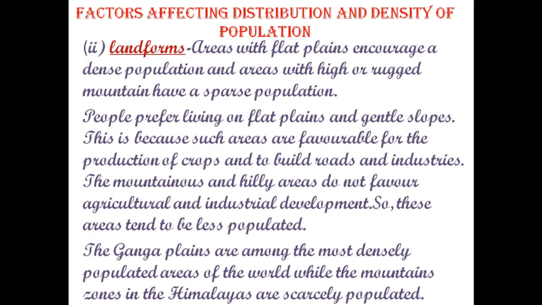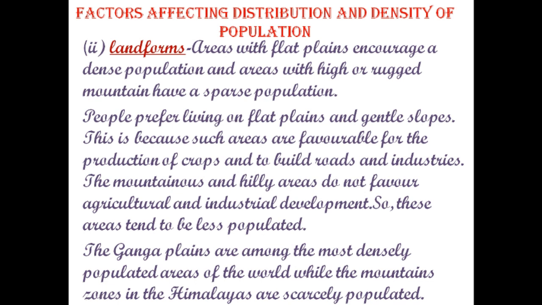Now come to the next factor, that is landforms. The area with flat plains encourages dense population, and areas with high or rugged mountains have sparse population. Why? Because people living in plain areas have many jobs to do, like agriculture.